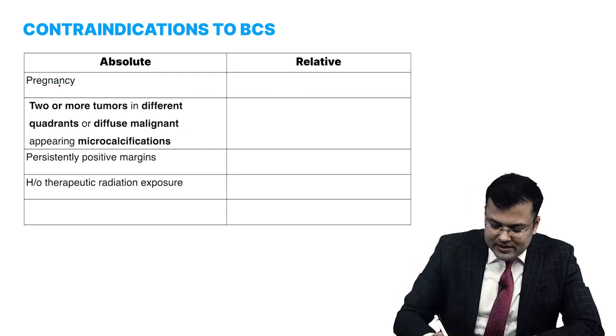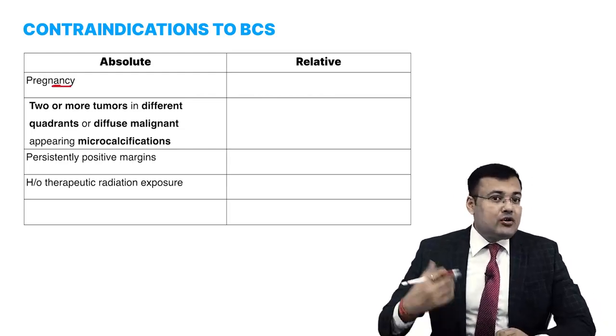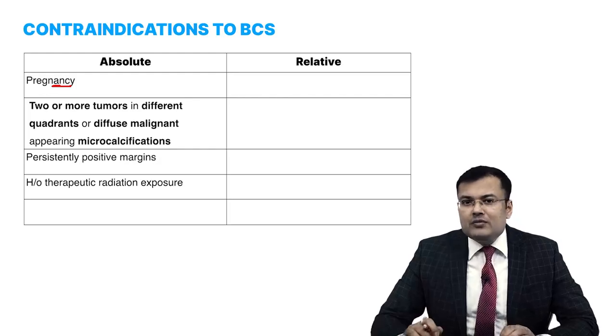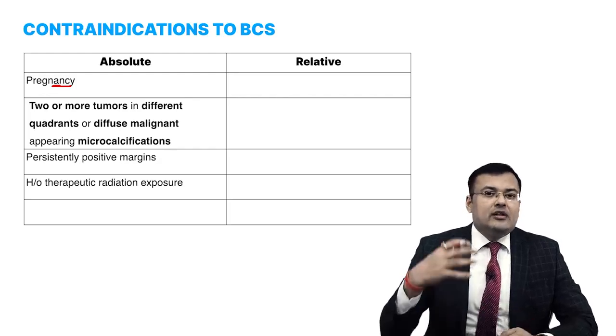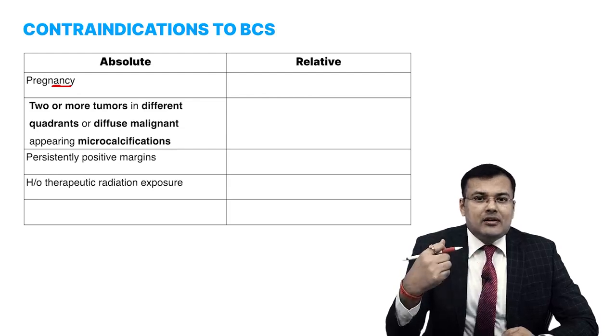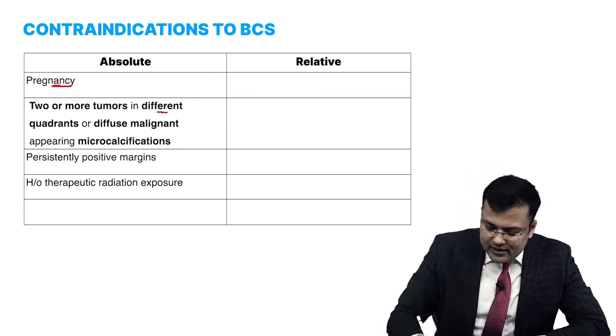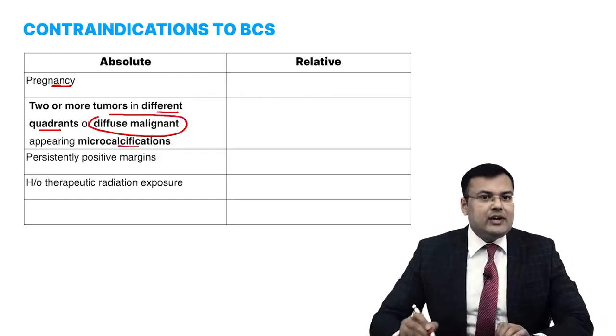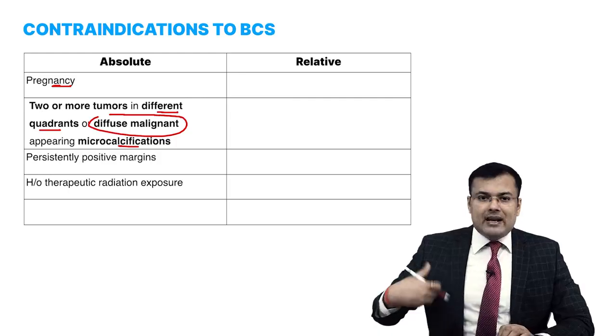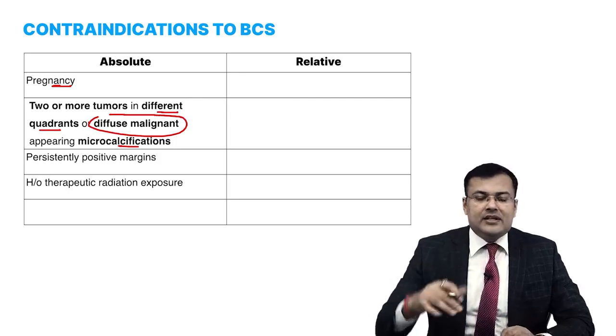Absolute contraindication: pregnancy. Second, two or more tumors in different quadrants, which means the tumor is scattered in the breast, or the patient has diffuse malignant-appearing microcalcification.